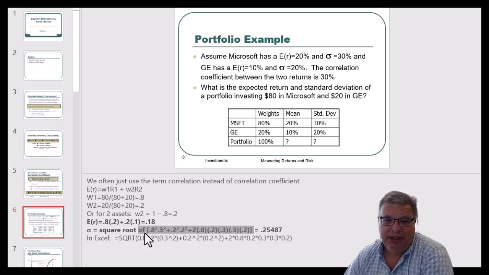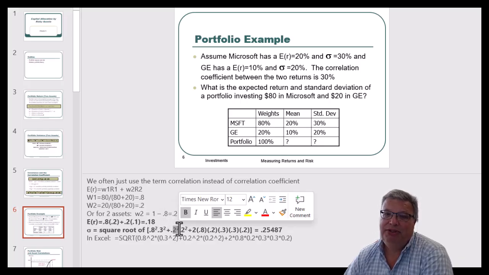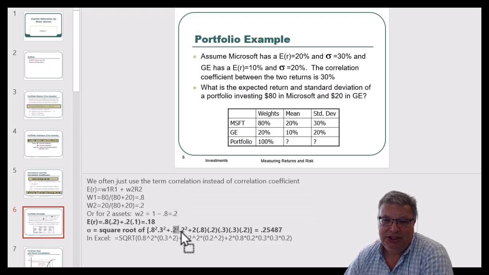Okay, so 0.8 is W, or how much we have invested in Microsoft, what percent, and 0.3 was the standard deviation of Microsoft. We had 20%, which was W on GE, and the standard deviation of GE was 20%. So that's what this term is right here.